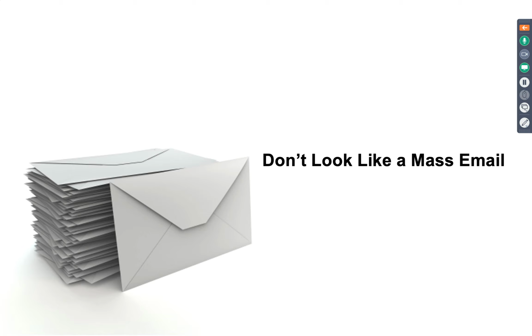So with that, even if you are sending a mass email, try to make it look like a one-to-one email. A quick example: even if you are using links, which I do recommend in your email prospecting so you can track your prospect clicking on links, with most email software you can easily make hyperlinks.